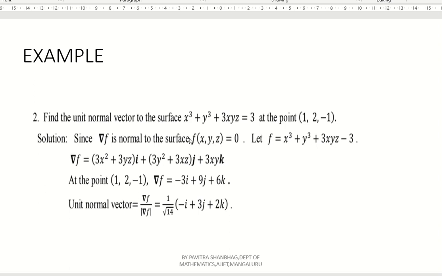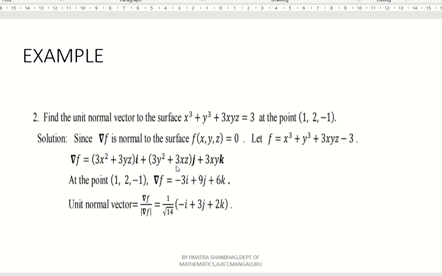Now del f at the point 1, 2, minus 1. So what you will get? Wherever x replace 1, wherever y replace 2, wherever z replace minus 1. So what we will get here? Del f equal to what? 3 into 1 square, that is 3, plus 3yz is nothing but 3 into minus 2, that is minus 6. Minus 6 plus 3, that is minus 3i, right?